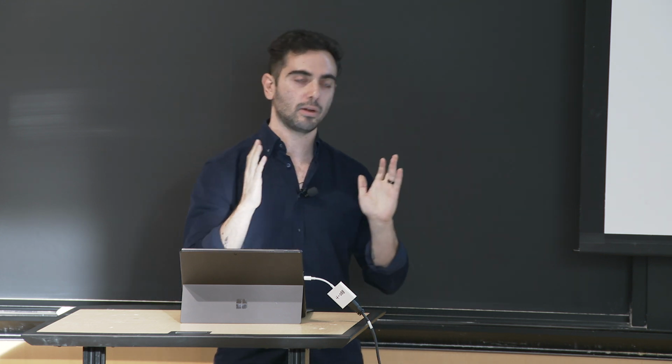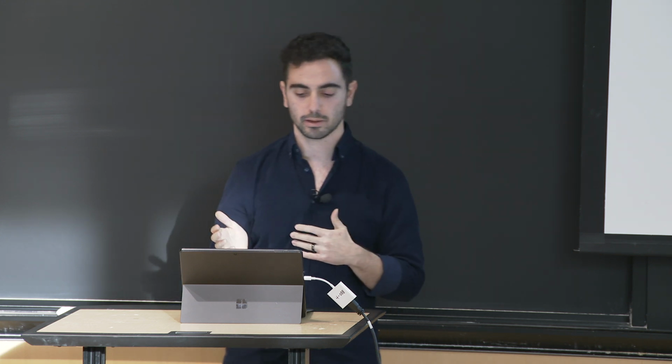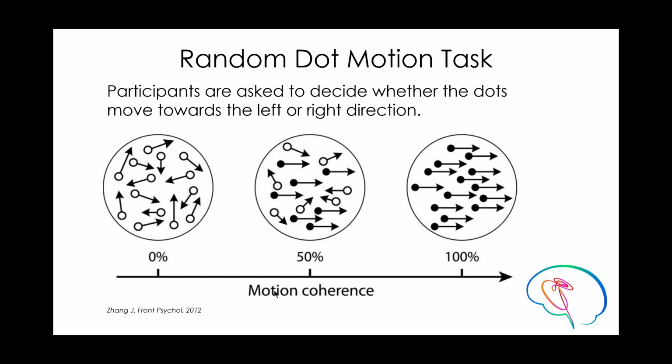The dots move either on average towards the left or the right. And as the experimenter, you can vary the level of coherence between dots, right? Which goes from 0% coherence, so all dots move randomly, to some, let's say 50% value, where as you can see, half of the dots move towards the correct direction that is right, and then 100% coherence is very clear.